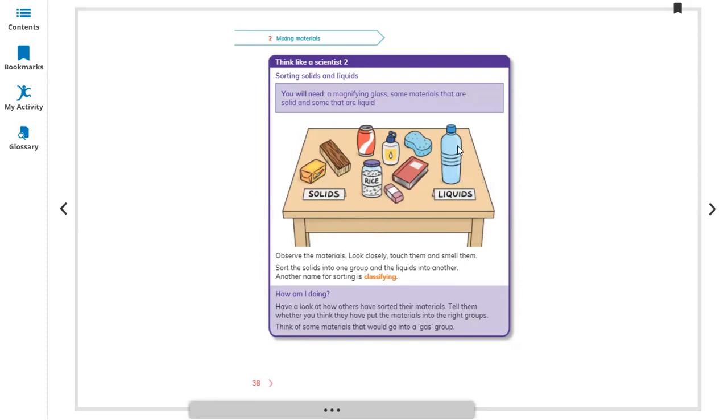But liquid is like this bottle, so we put it on this side, and this can has liquid inside, so it comes here. Soap, book and eraser, these three come in the solid group, and this is, I think, ink, so it comes here. Rice is obviously solid. Anything which has its own shape goes into the solid group. And liquids like water, or juice, go in this group.